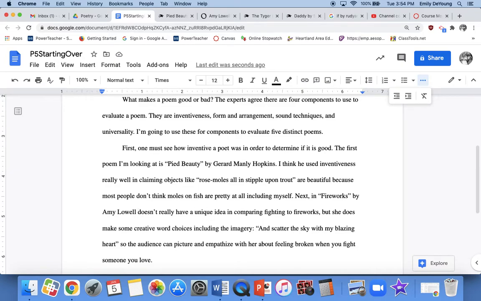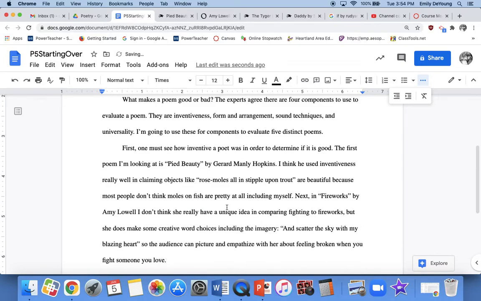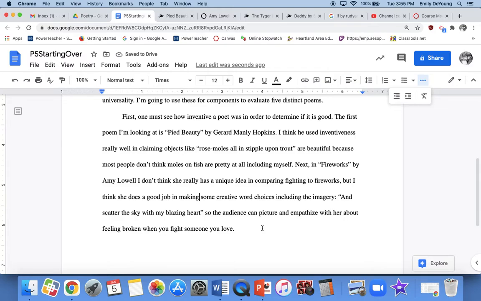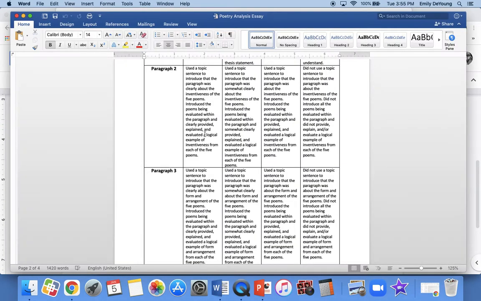Okay, so I'm gonna put, I don't think she really has a unique idea, but I think she does a good job in making some creative word choices, including the imagery. And then I've got my opinion in it now, my evaluation.